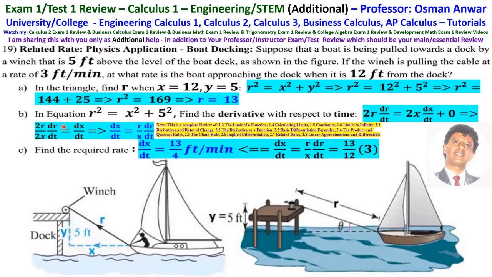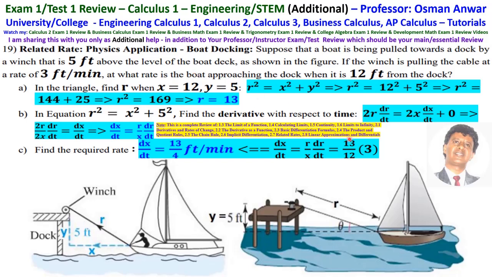So now we have all the information we need to find dx by dt, which is how fast the boat is approaching the dock. We know r is 13, x is 12, and dr by dt is 3 feet per minute.